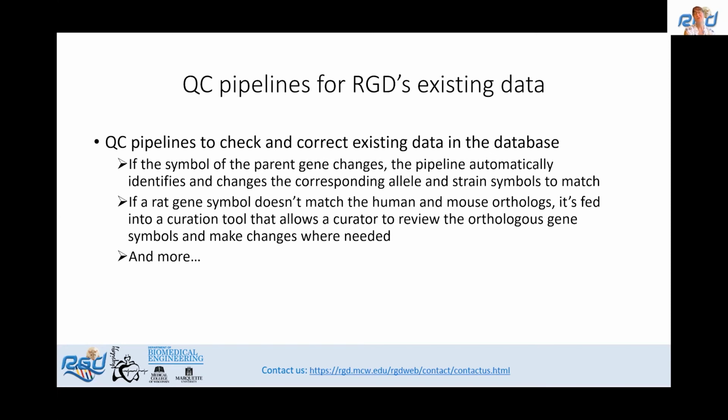Another example is, if a rat gene symbol doesn't match the human and mouse orthologs, that information is fed into a different curation tool that allows a curator to review the orthologous gene symbols and where needed, make changes. And right now we're going through a lot of those. So that's a very handy tool. And there's several more that I'm not going to go into right now.